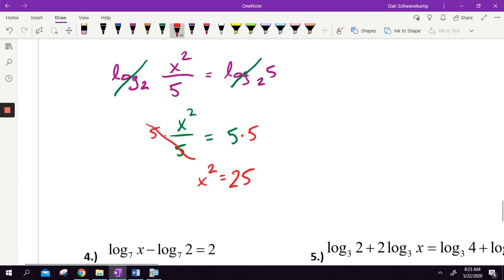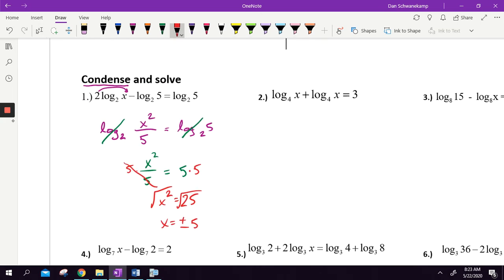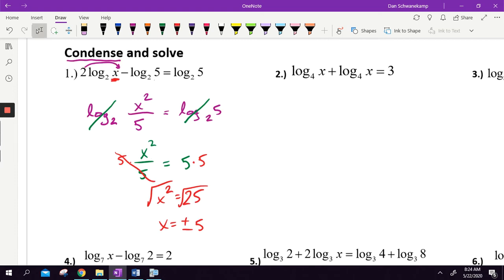Well, if x squared is 25, we are going to square root. X is equal to plus or minus 5. All right. We just need to double check that if I plugged in plus or minus 5, it would always give me a positive number here. It would, because if I plugged in a negative 5, it would be negative 5 squared, and negative 5 squared is still going to be okay there. So we have no issues with that problem.